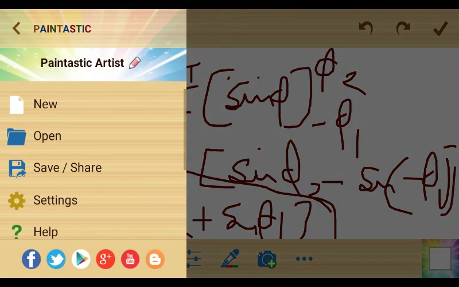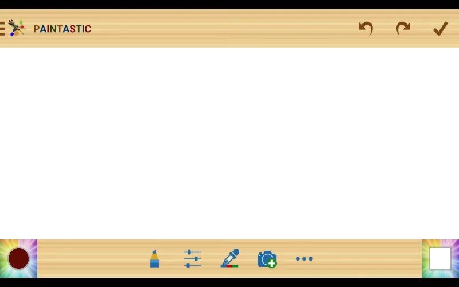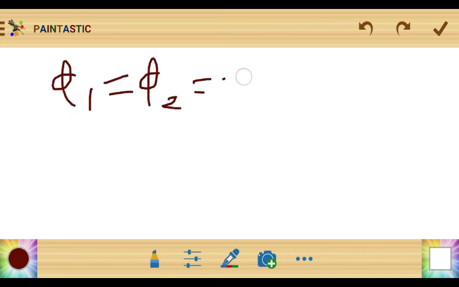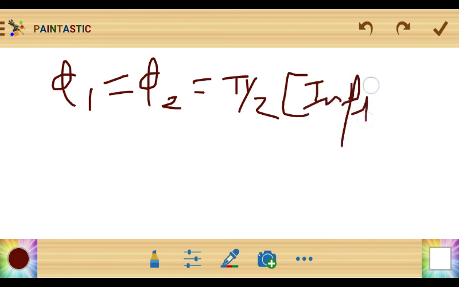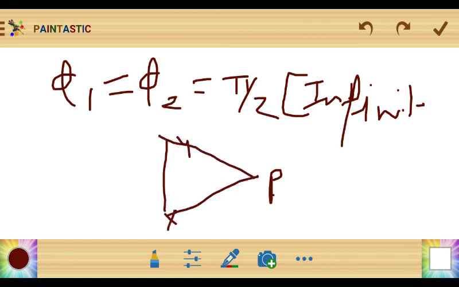Now let's look at special cases in this formula. For example, if phi 1 equals phi 2 equals 90 degrees, what does it mean? That means we have an infinitely long wire. Let's say this is our point P, and here is XY; this was our phi 1 and this was our phi 2.